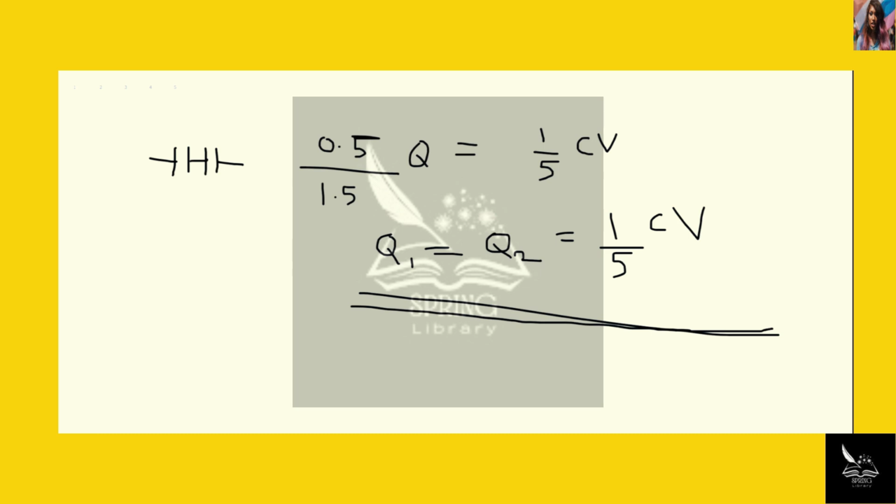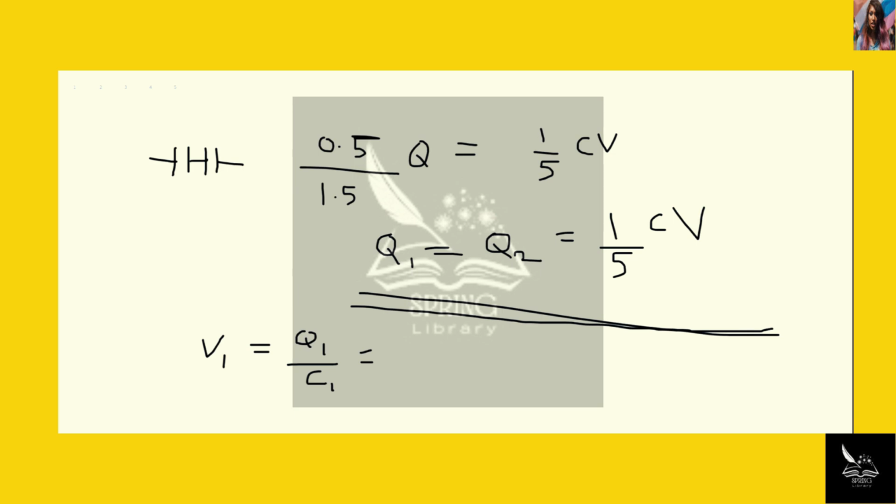Now, to find the voltage across each of the capacitors, V1 is equal to Q1 by C1.